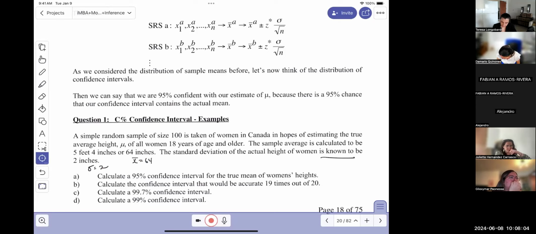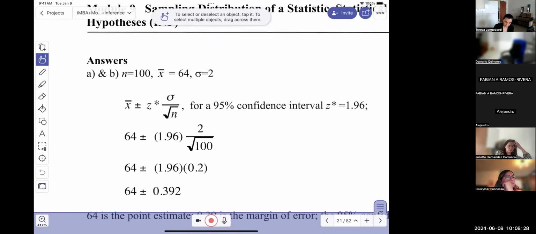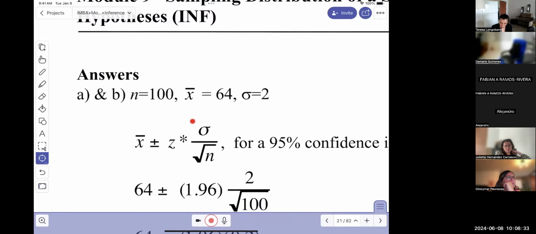And then I asked you to calculate the different confidence intervals. Now I'm not going to do it. This is not hard. You have to use the formula each time. It says calculate the 95% confidence interval for the true mean of women's height. So what you have to do is take the formula and enter in X bar, which we were given 64, sigma we were given 2, and n we were given 100.